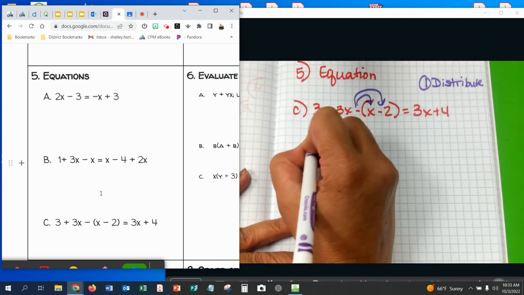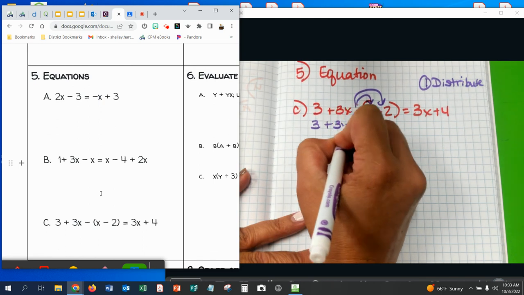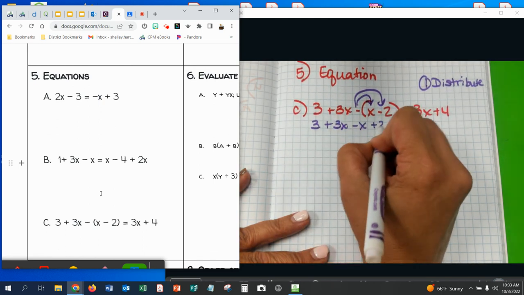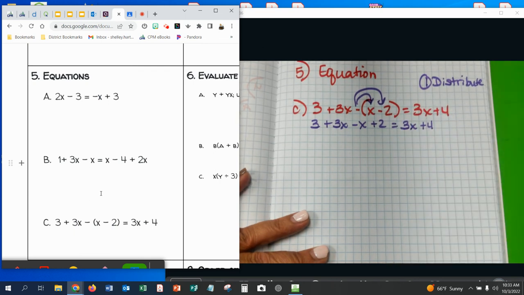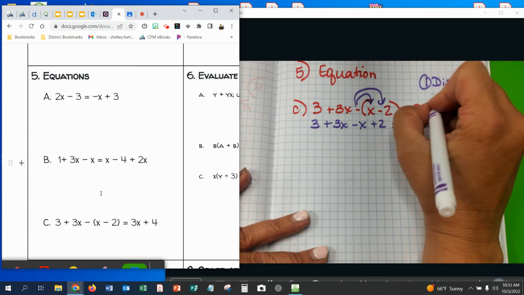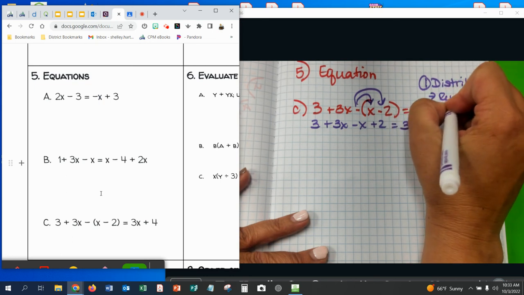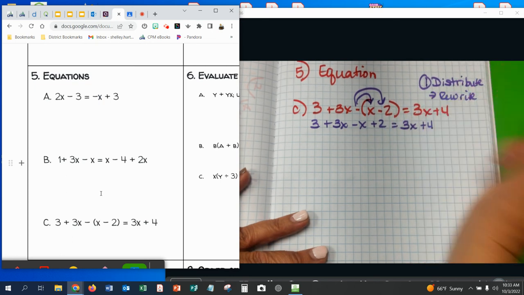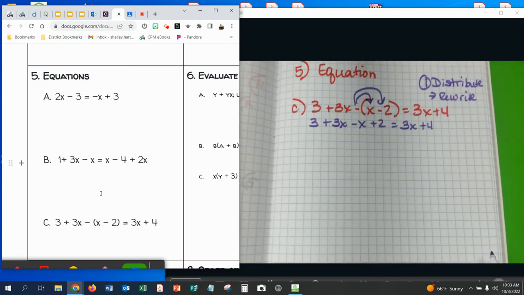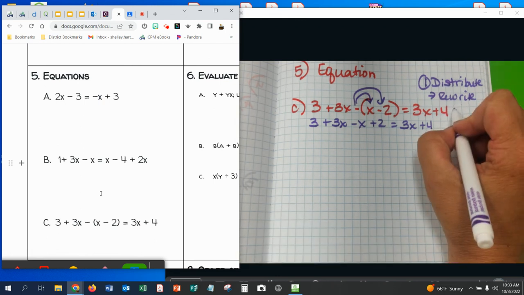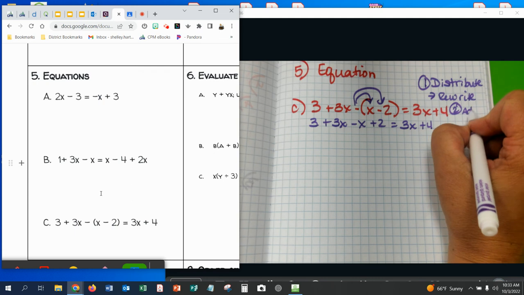And then rewrite. So I have 3 plus 3x minus x plus 2 equals 3x plus 4. Never mind, I thought 3x was an 8. It's a 3. Okay, I'm going to rewrite. Now, second thing is add like terms.